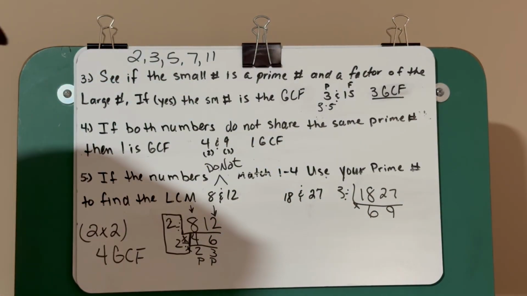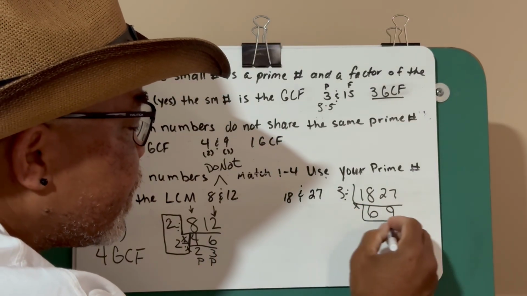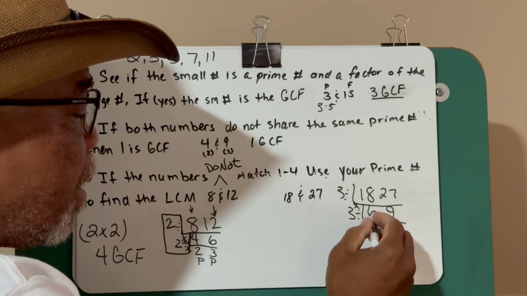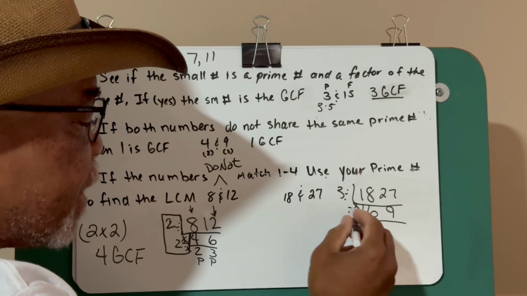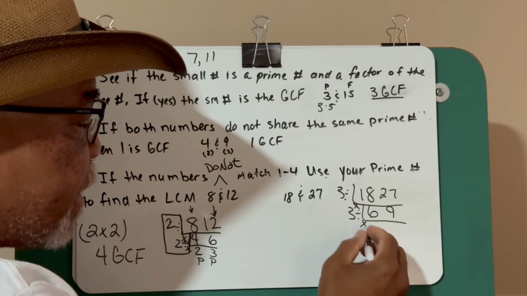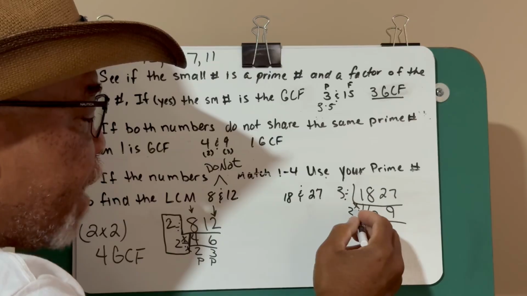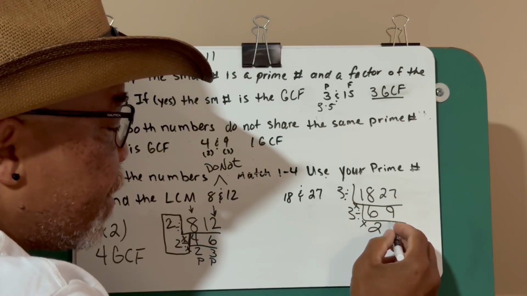I get 9. So I try 3 again. 6 divided by 3 is blank, or blank times 3 equals 6. The answer here is 2. 9 divided by 3 is blank, or blank times 3 equals 9. The answer here is 3.